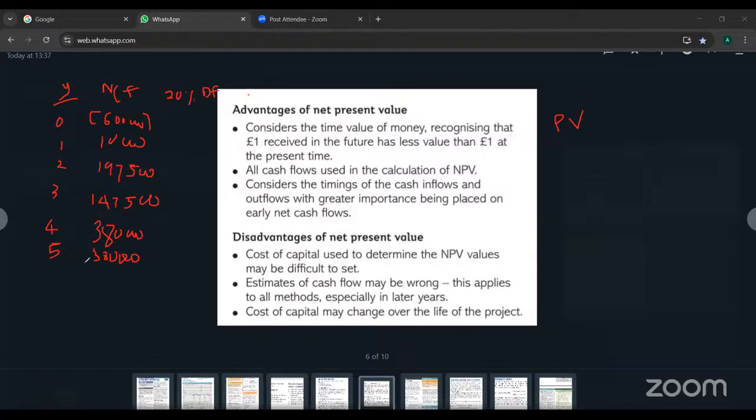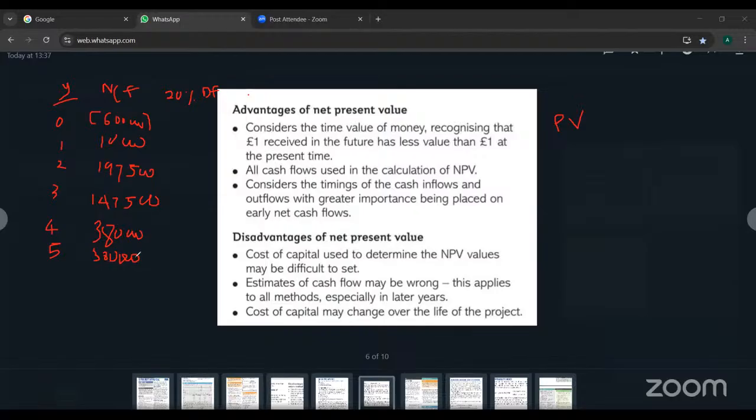So let's say year 5, the saleable value, or you can call it disposable value, is 100,000. Actually year 5, the value was 280,000. So I have added the saleable value, which is 100,000, and then only I have got 380,000. So remember that point. You have to add saleable value in NPV, under net cash flow calculation.